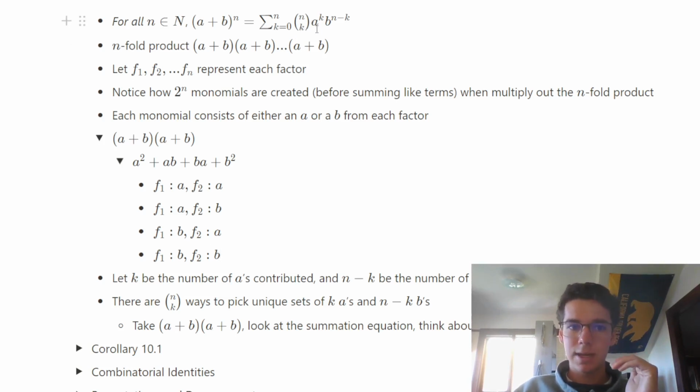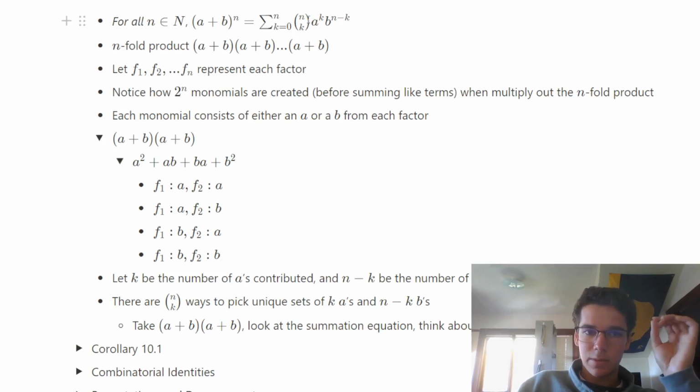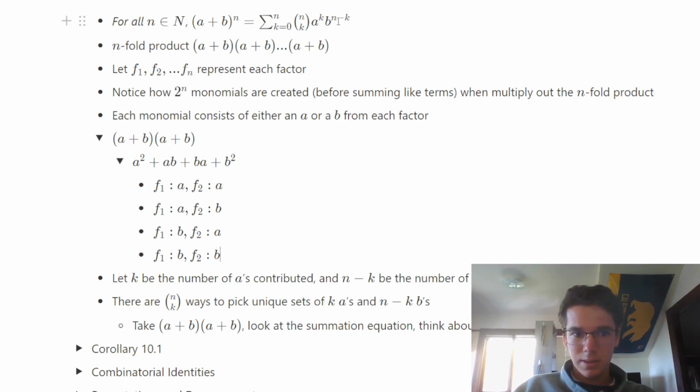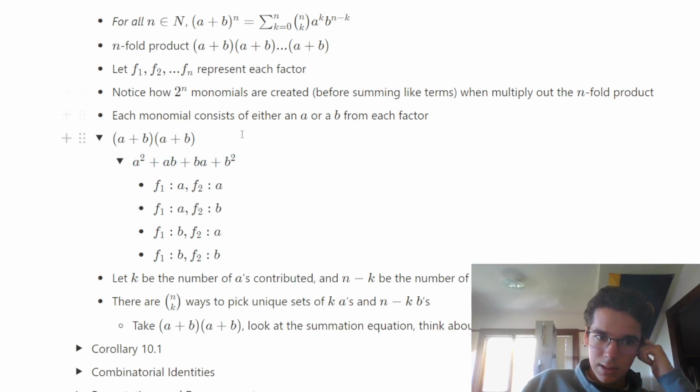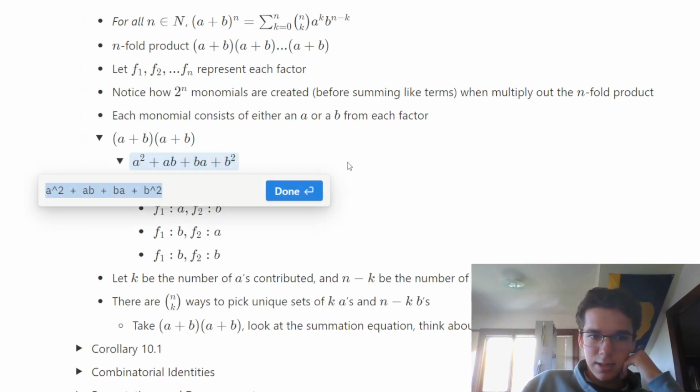But once we get to k equal to 1, we now have 2 choose 1, which is 2, which means that there are 2 times this a times b term, which is exactly what we have here. There are 2 of these a and b terms. And then once we get up to k equal to 2, we're just going to get a squared.